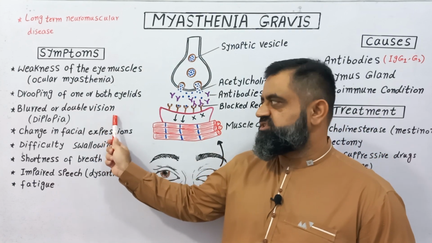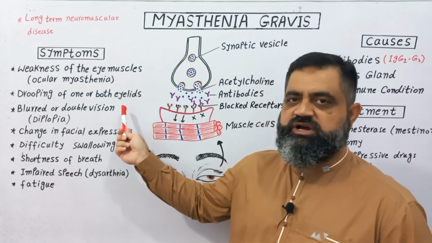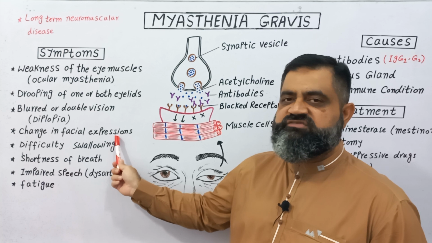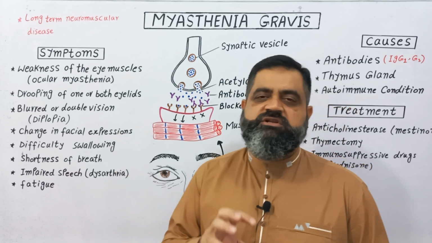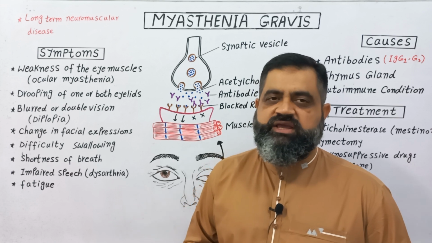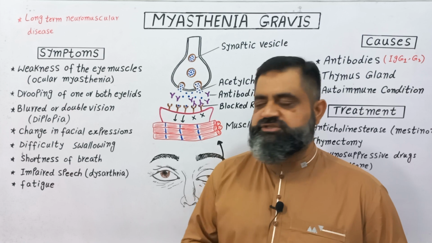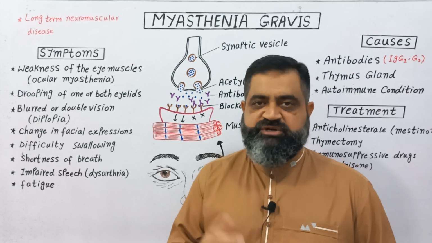Blurred or double vision, which is known as diplopia, due to the weakness of the eye muscles. Change in facial expression: if the muscles of the face become affected by this condition, then the expression of the face can change from a normal expression to a very weird expression.